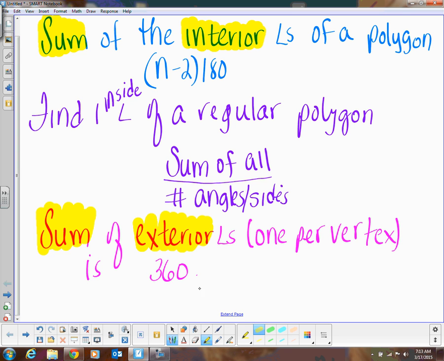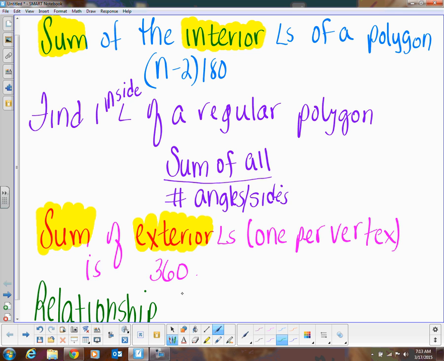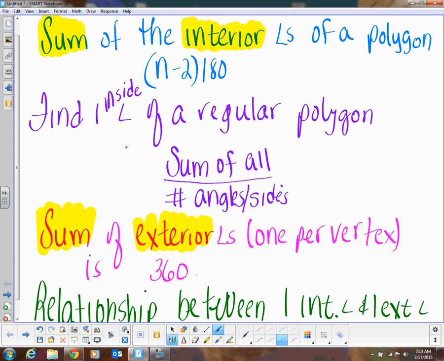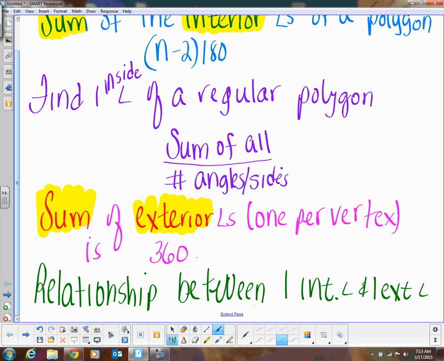And there was one relationship that was important. What is the relationship between one interior angle and one exterior angle? Remember? Supplementary.